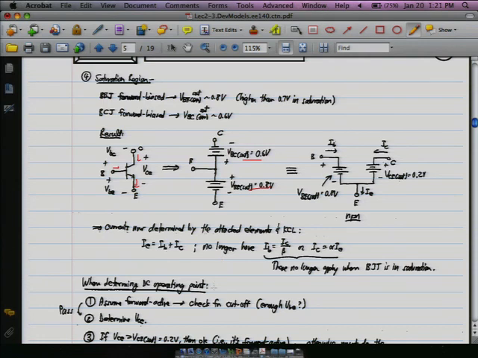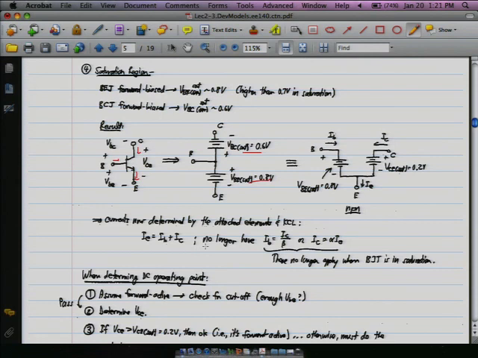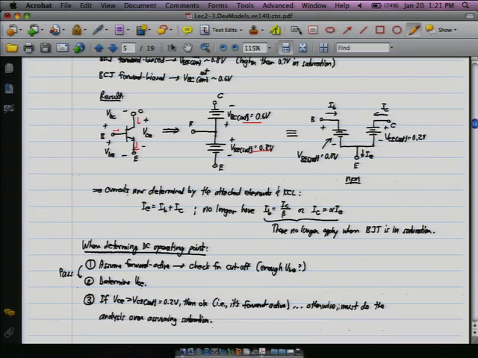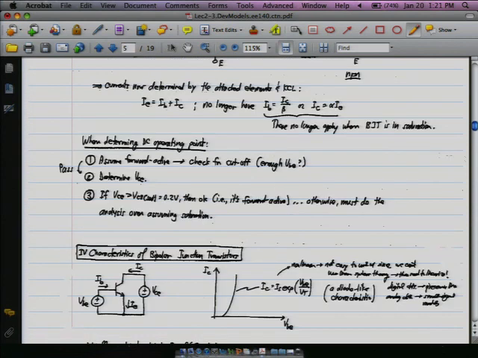So these expressions that we derived earlier with beta and alpha don't apply anymore in saturation. It's basically just one more way of saying that you aren't getting the gain you want when you're in saturation. Those were derived explicitly for the forward active region.